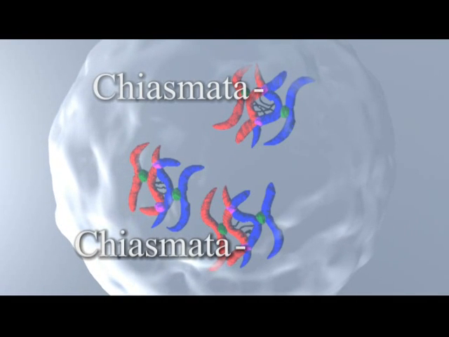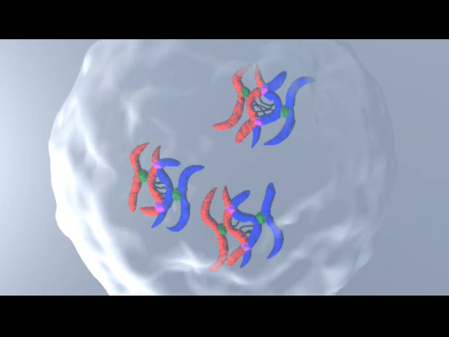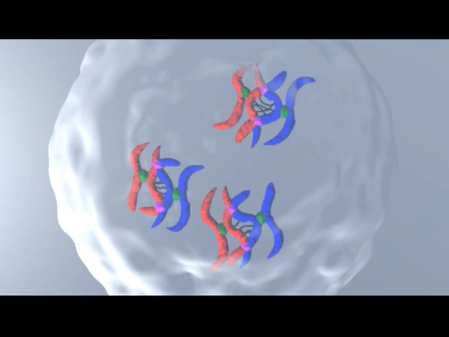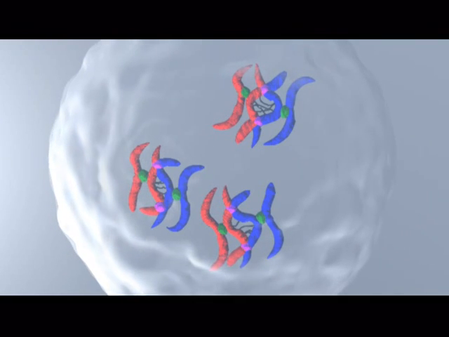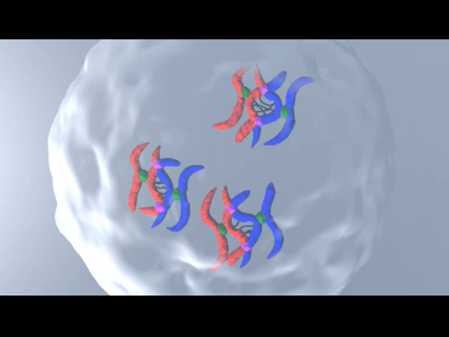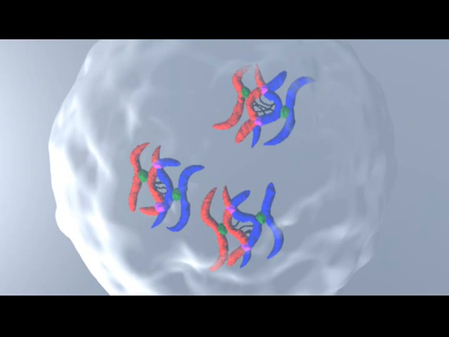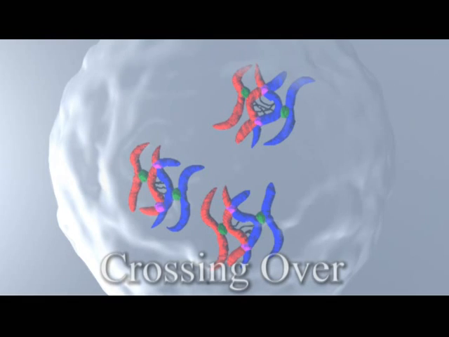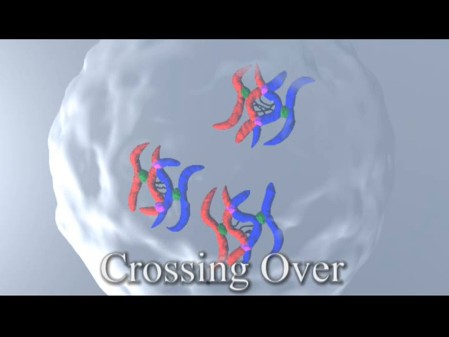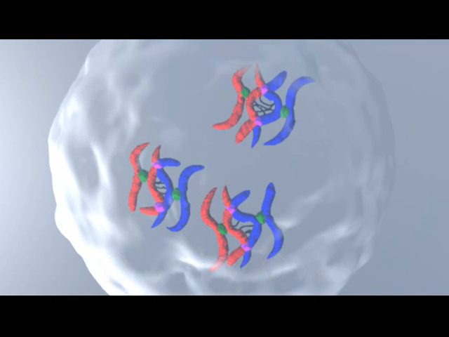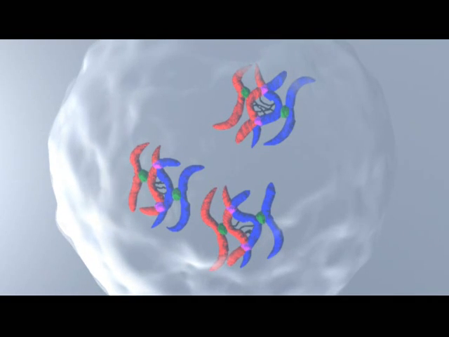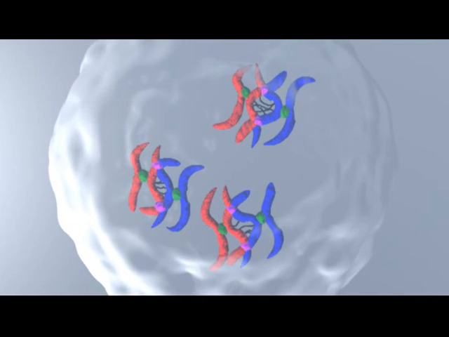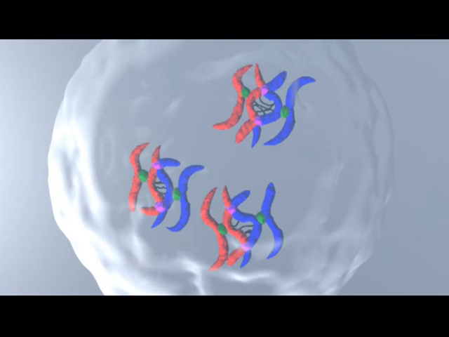Besides reflecting where chromosomes have exchanged sections of genes, chiasmata also hold homologous pairs together until they are later separated. The exchanging of sections of genes between homologs is appropriately enough called crossing over. Crossing over, by creating chromosomes with unique combinations of genes, is one of the events that occur during meiosis that help increase the diversity of individuals within a species.